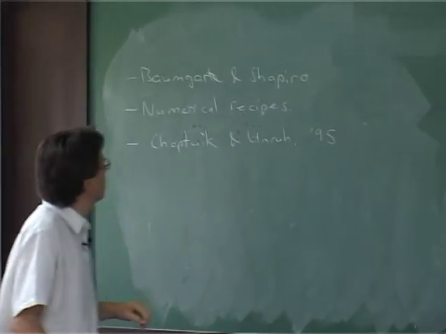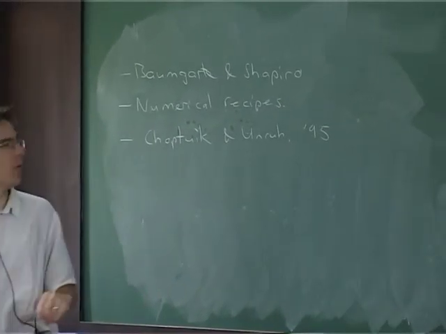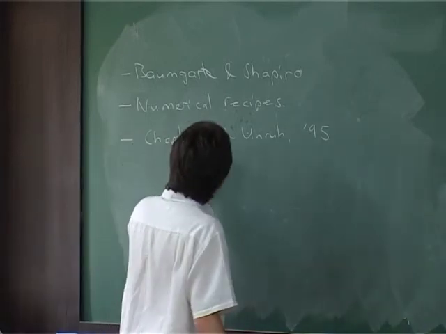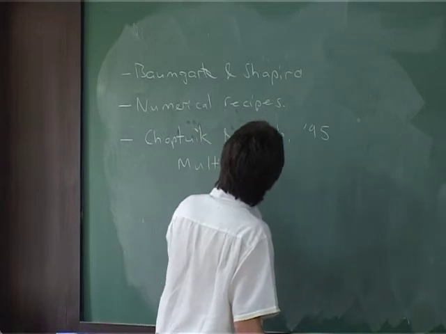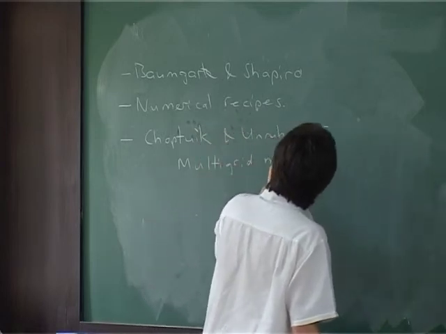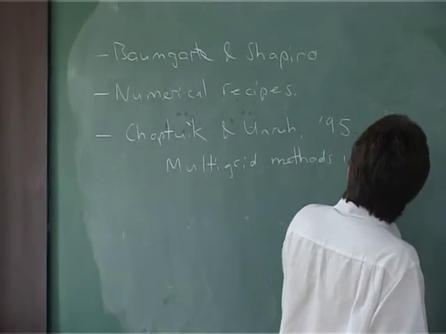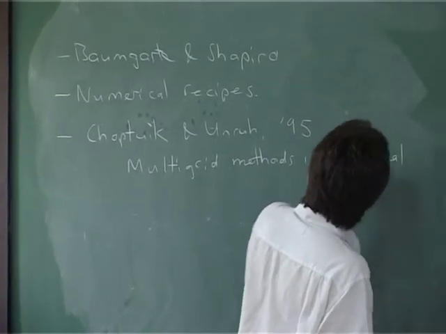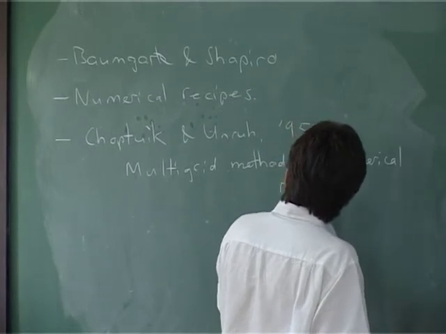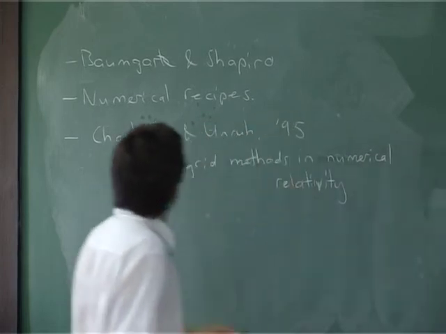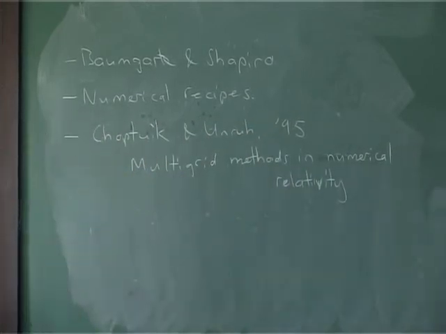If you look up Choptuik and Unruh 95, it's called something like an introduction to multigrid methods in numerical relativity. That's not the exact title, but it's pretty close, and Google will find it for you.